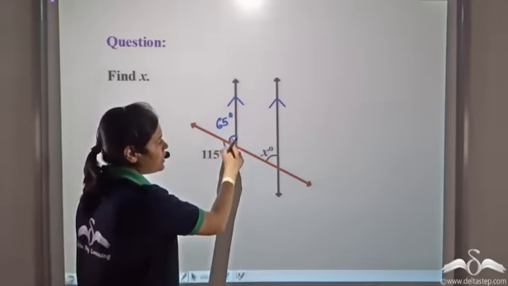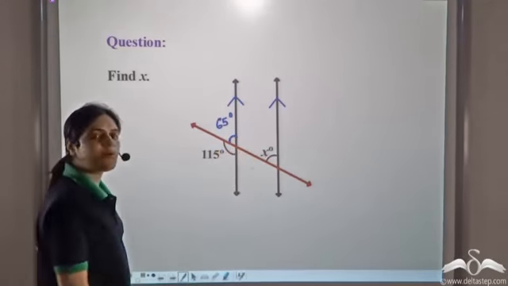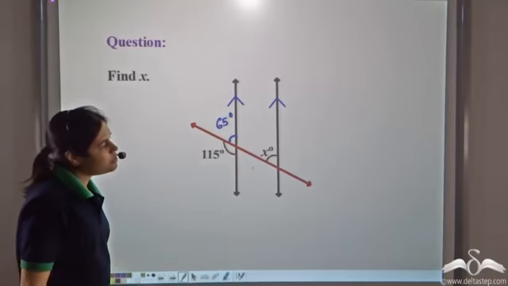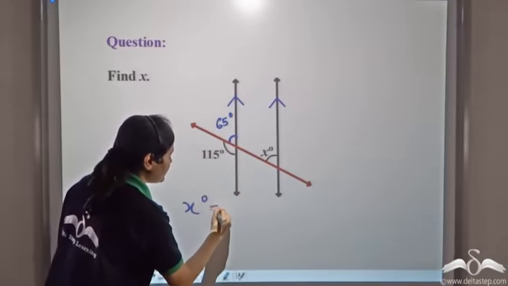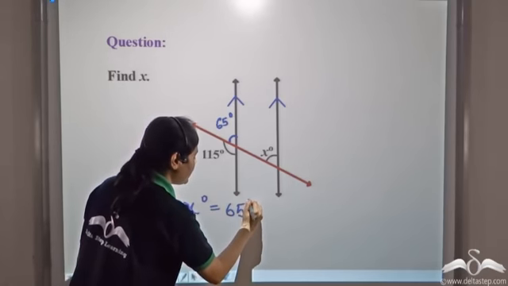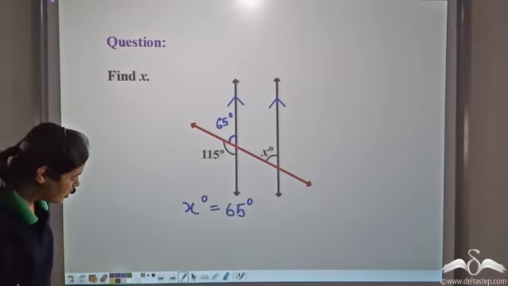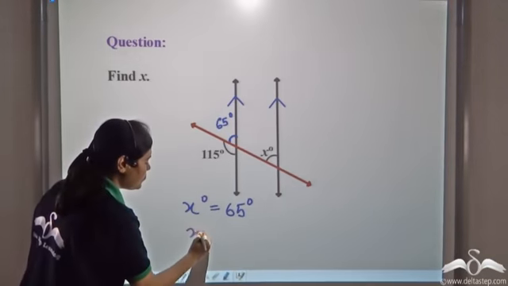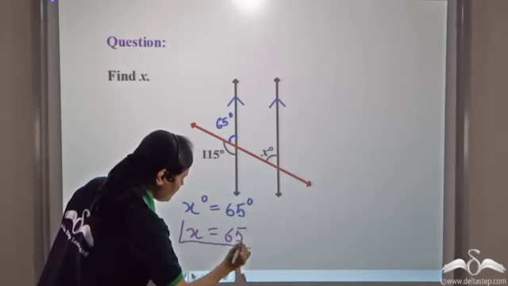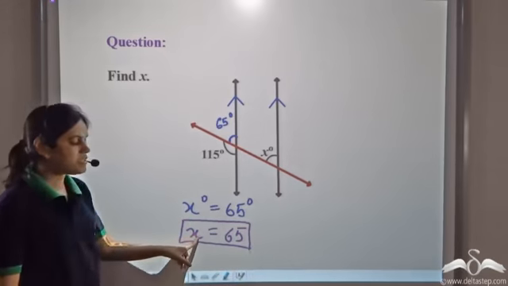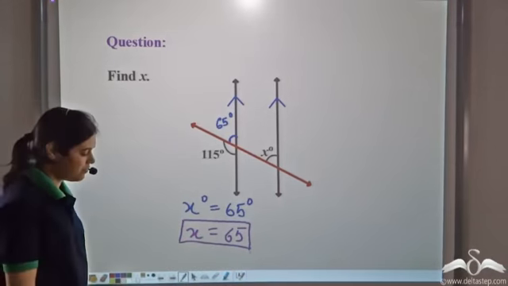And now this and this are corresponding angles. So we can say that x degrees is equal to 65 degrees. So the measure of x is equal to 65.